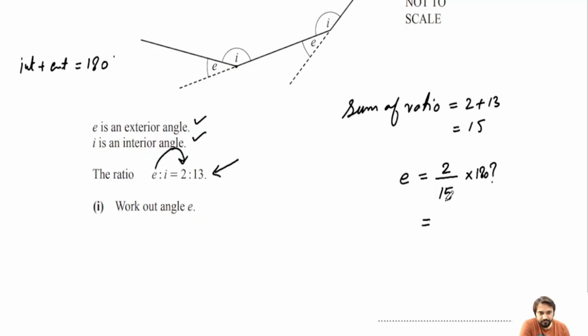Now use your calculator or do it manually. 15 one time, 3 carry, that would be 30. So 12 times 2, that's going to be 24. So our answer to this question is 24. So 24 is the exterior angle.